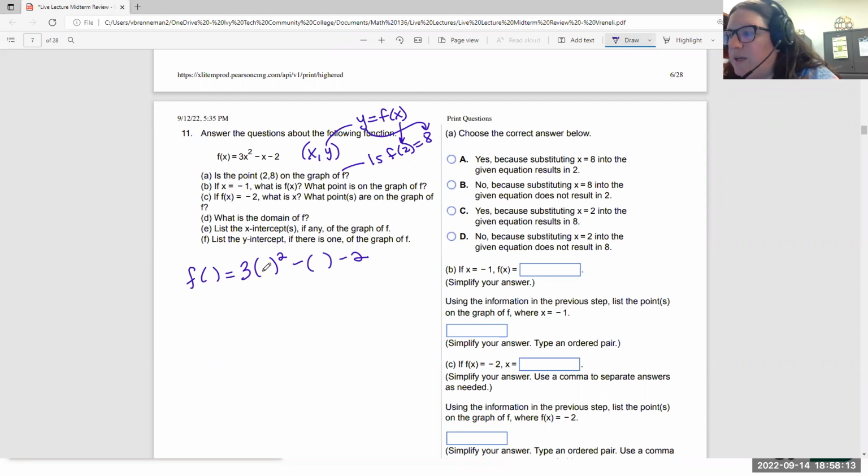So f of something is 3 times that thing squared minus the thing minus 2. What we're plugging in this case is 8. So 8 squared is 64. Minus 8 minus 2. 3 times 64 is 192 minus 10. Certainly not equal to 8. Oh, I did f of 8, not f of 2. That's no good.